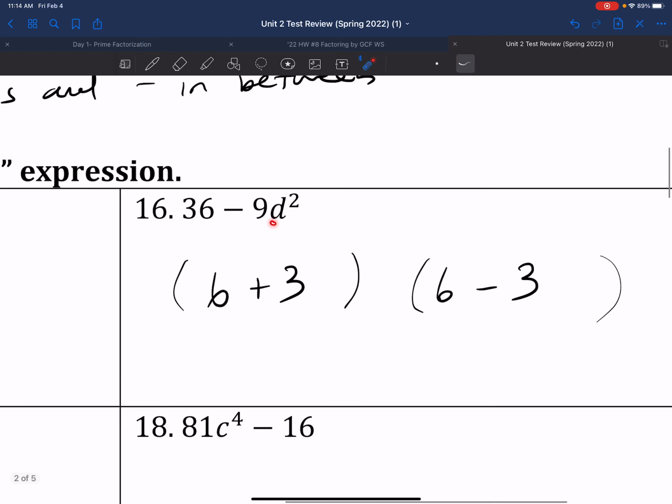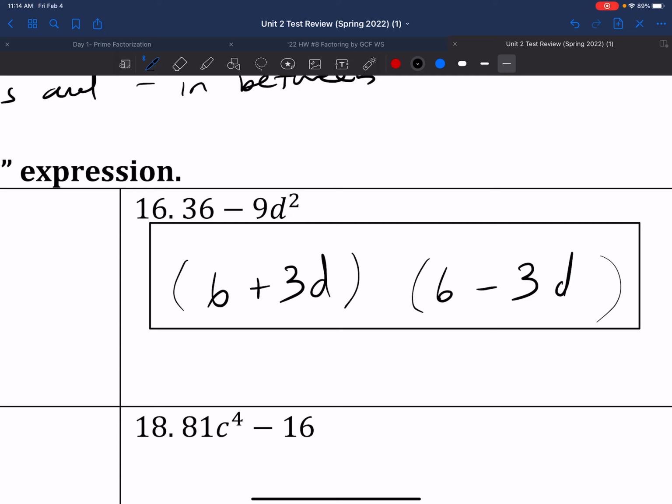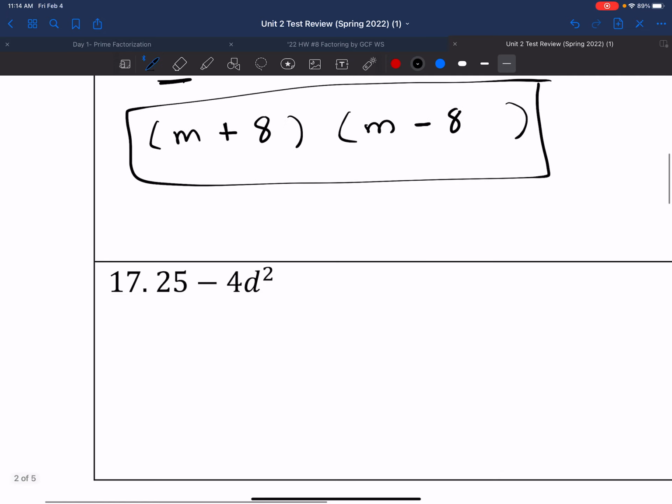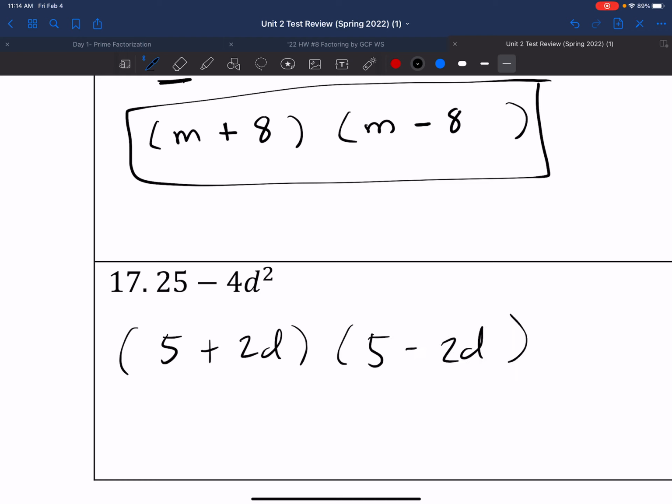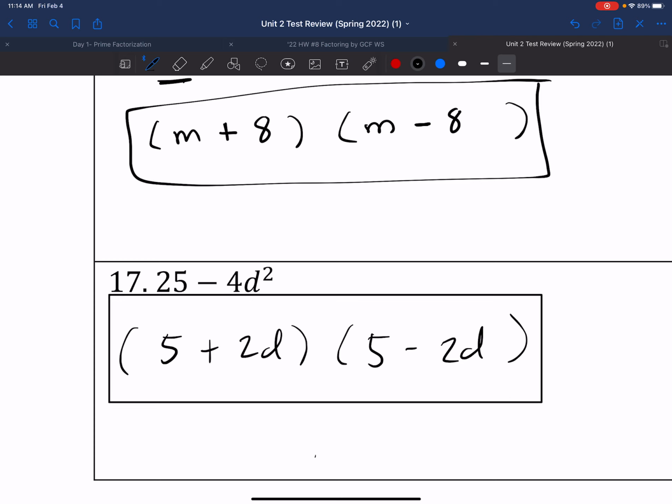And then d times d is just d squared. That's my answer. Okay, 25 minus 4d squared, that's just going to be 5 plus 2d, and then 5 minus 2d. And that's my answer.